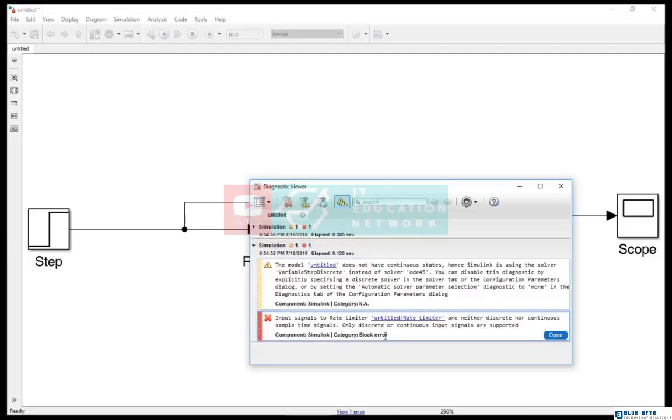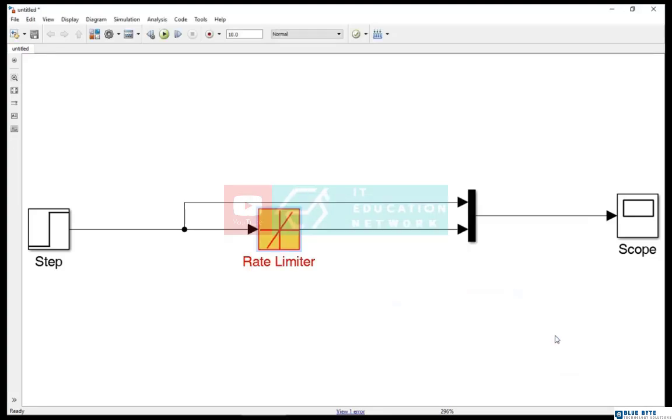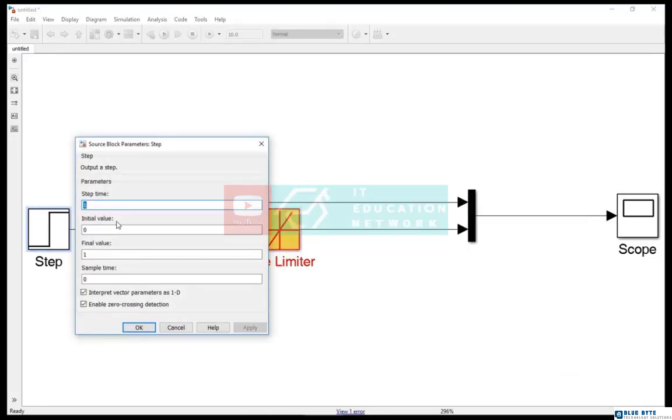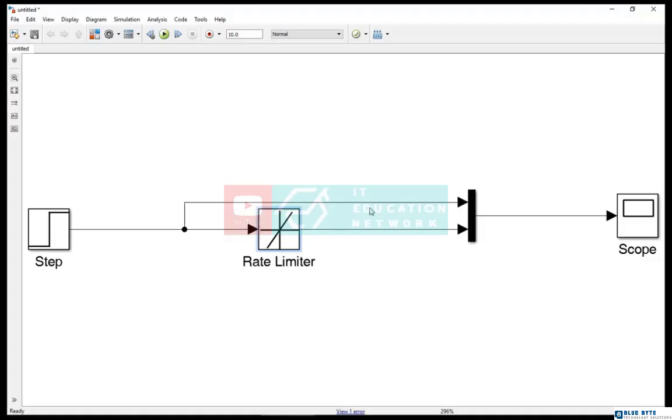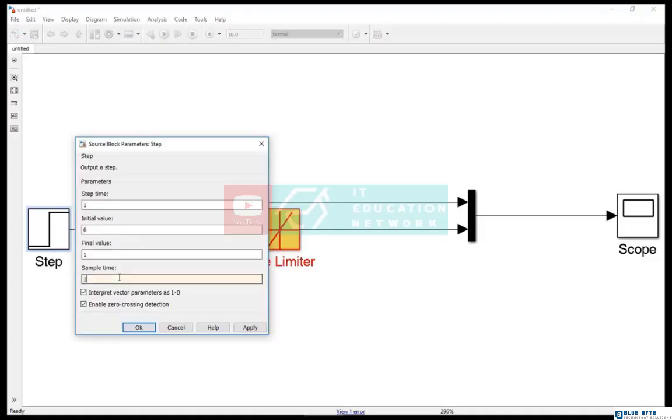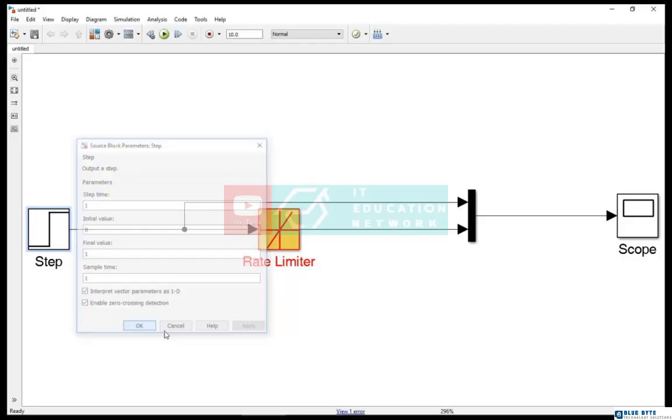So in order to solve it, we should change the sample time of model. Because if the sample time be 0, the system won't be discrete and cannot run it in the continuous mode.